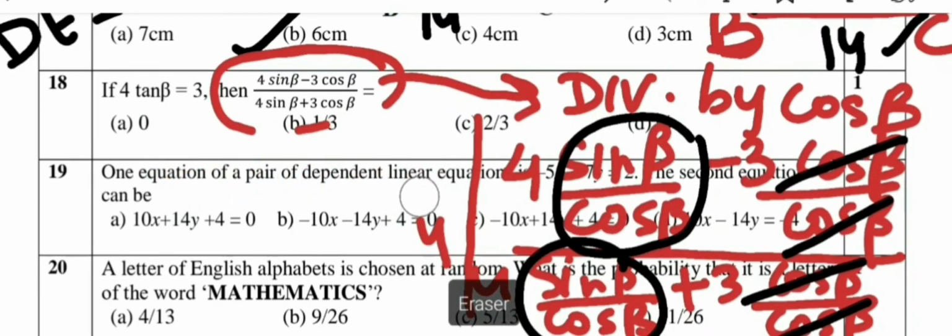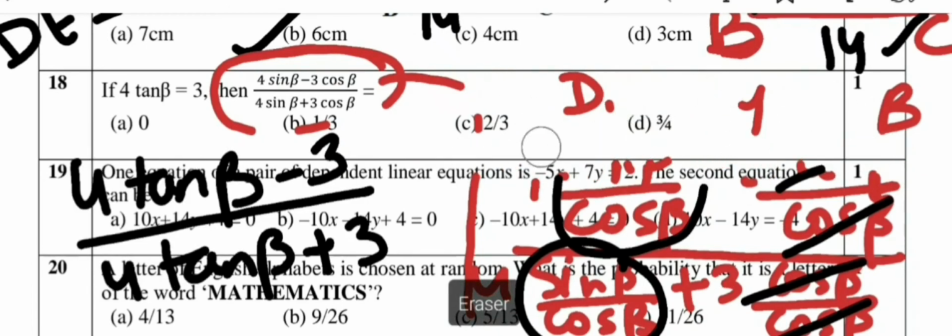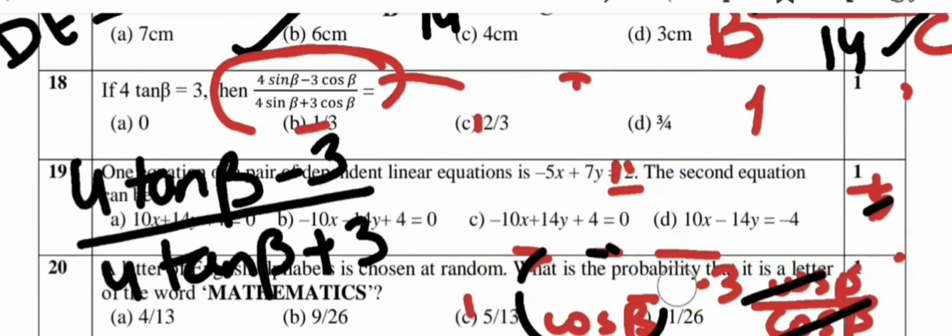Now what can we see? Here cos beta will cancel, and here sin beta upon cos beta will become tan beta. Here also it will become tan beta. So we will be left with 4 tan beta minus 3 upon 4 tan beta plus 3.